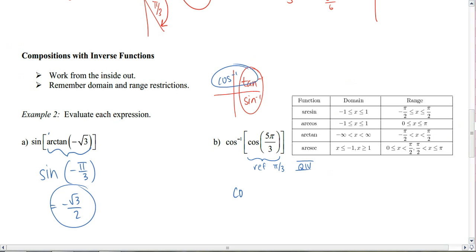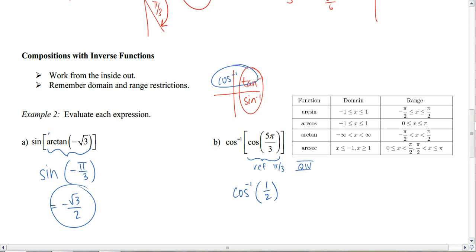I know that this is really asking me who has an arc cosine of 1/2. Now notice that in quadrant 4, we had to remember All Students Take Calculus, that cosine was positive. So that's why I didn't put negative 1/2 as the ratio.